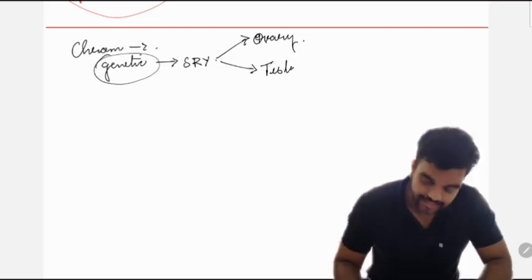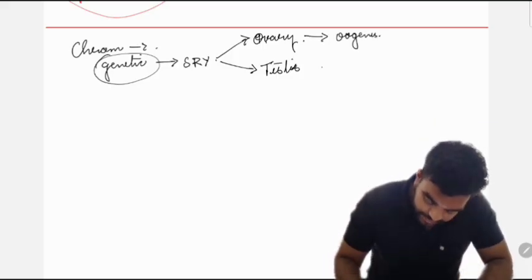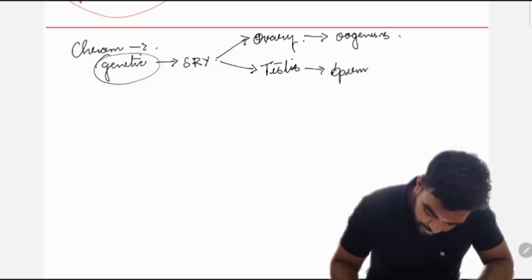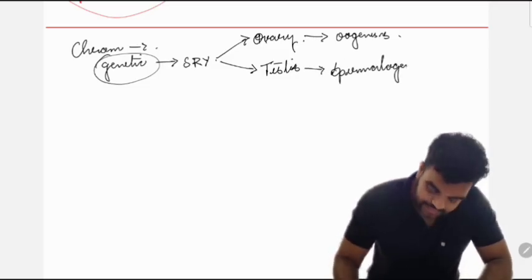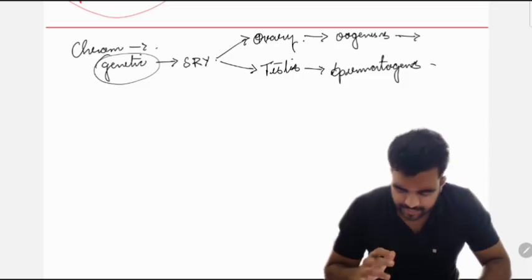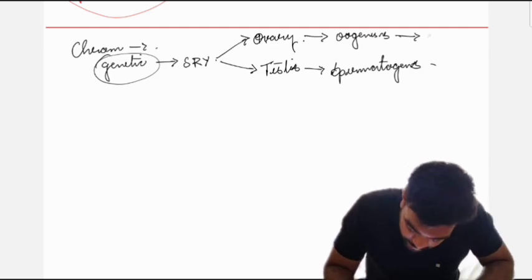Once that was decided, oogenesis occurred in the ovary, and the testis underwent spermatogenesis. Oogenesis took first and second arrest. After that, this oocyte underwent fertilization. The oocyte was formed. Then spermatogenesis occurred and sperm was formed.